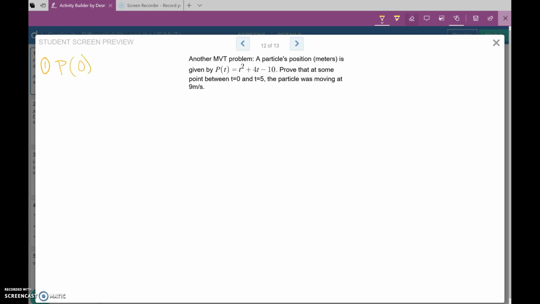Let me put this more simply. Find the average rate of change on the interval from 0 to 5.